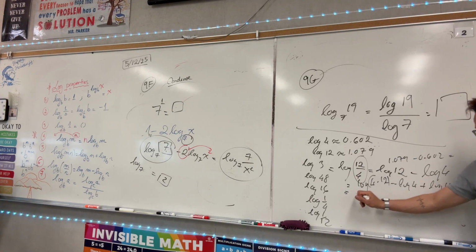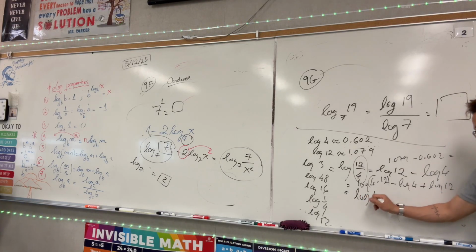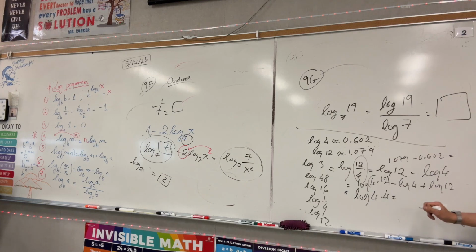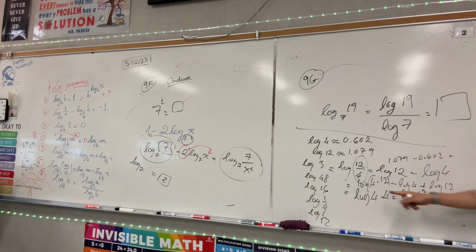Yeah. Or 4 squared, right? 4 squared is 16, right? What are you going to do with the power? You move it to the front, right? So that means you have 2 log 4. Do you know log 4? Yes. So multiply this by 2.